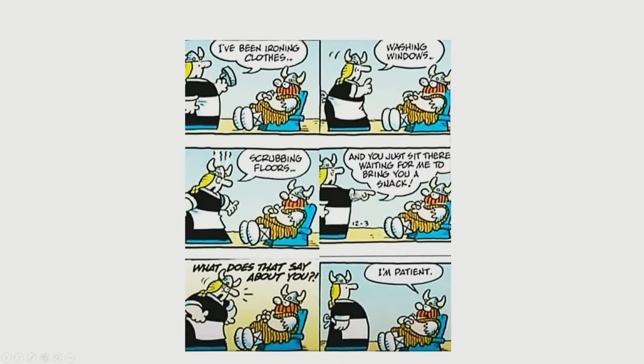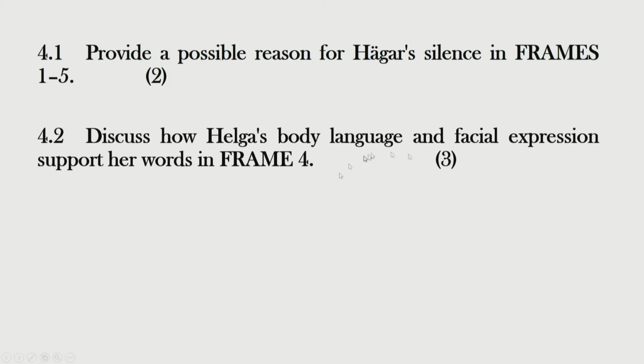Body language, accusing finger being pointed at Hagar. This arm held down stiffly with a fist at her side. She is standing erect. Okay, there we are. We've got body language. Facial expression, wide open mouth and eyebrows down in the middle, indicating anger. Support her words in frame 4.